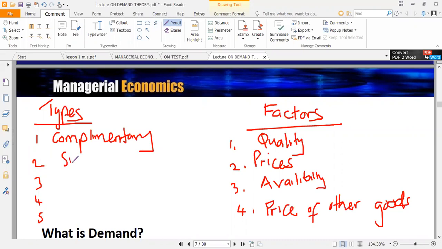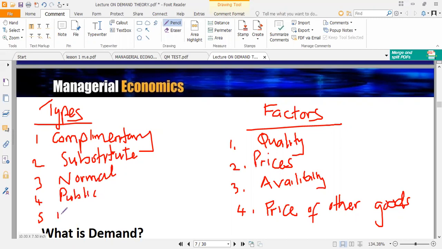Substitute goods. Number 3. Answer. Normal goods, just for mentioning a normal good that follows the law of demand and supply. What are the other goods? We have public goods. We have inferior goods.